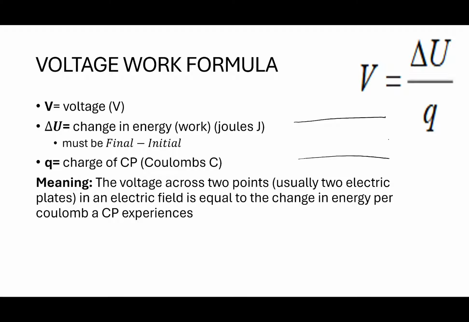So you would have, say, this is 5 volts, and you would have a particle at the start, and the electric field lines are going down. So what this formula is saying is that the change in energy is equal to VQ, or the voltage is equal to the change in energy per coulomb.